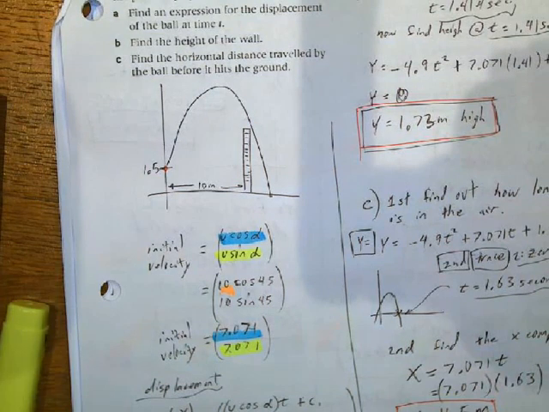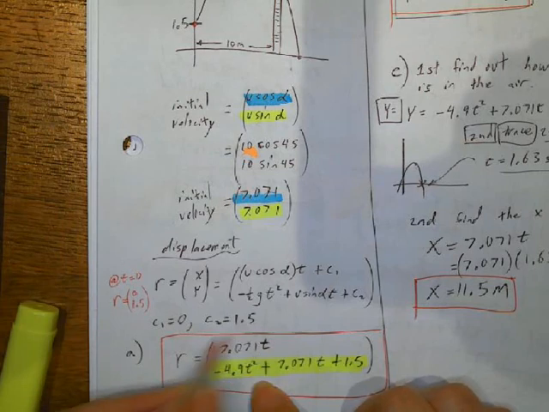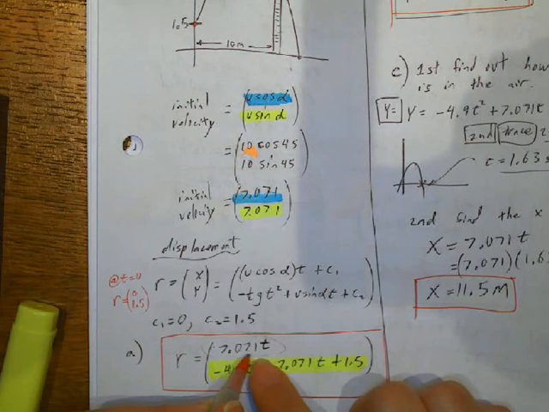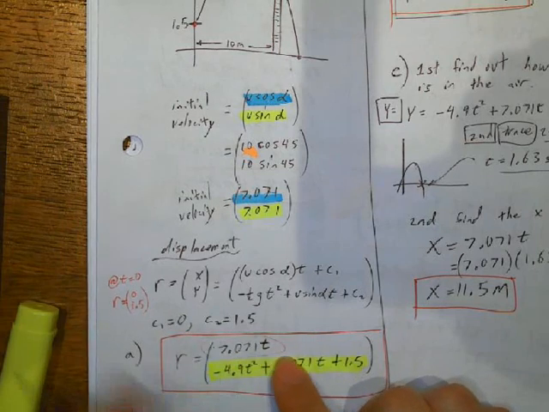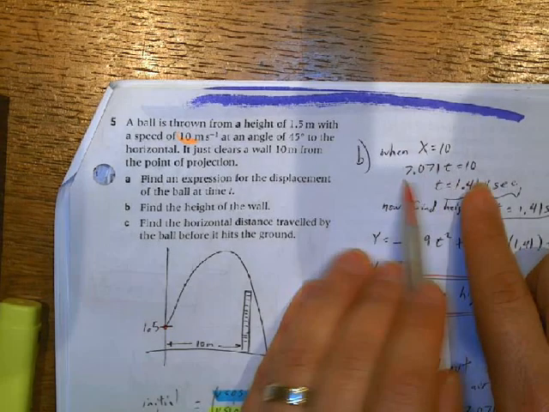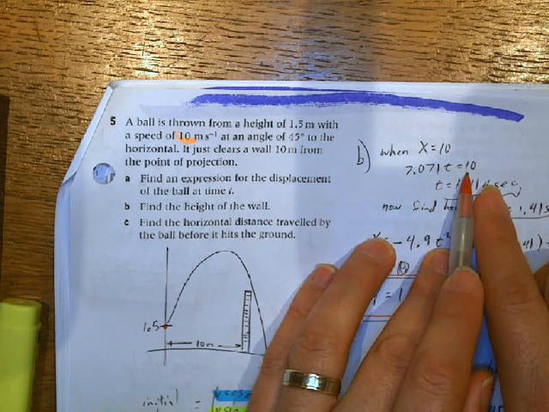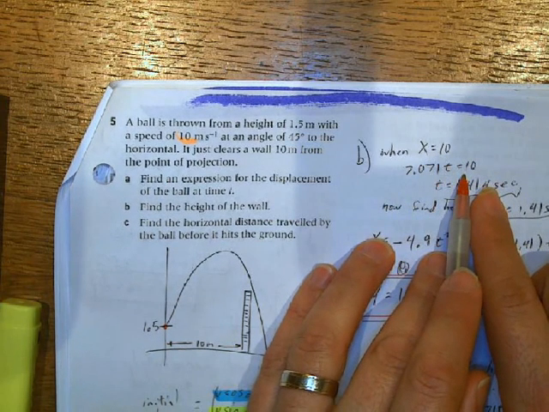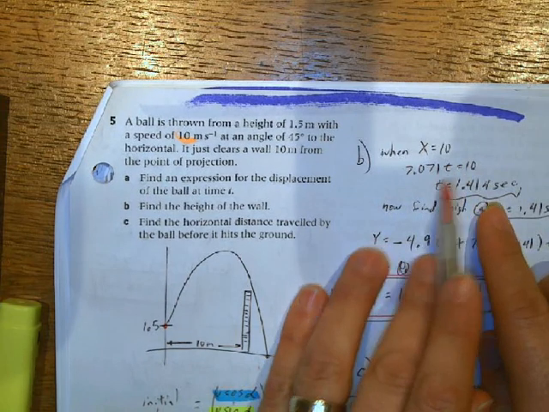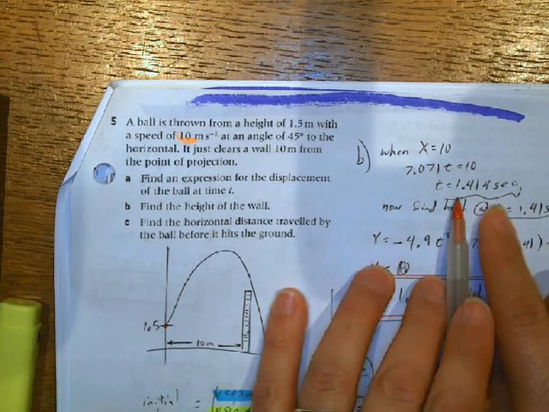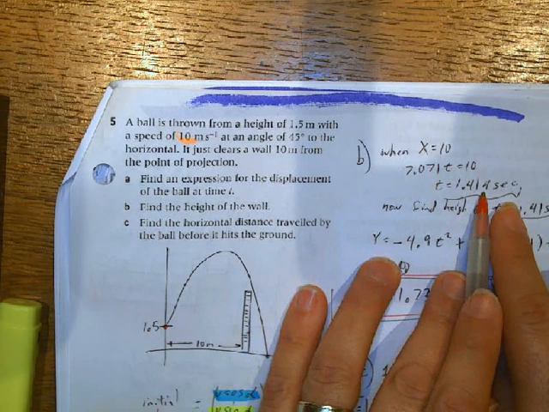So I'm going to use this. This right here gives me my horizontal distance. 7.071 times t gives me my horizontal distance. So 7.071 t, when that equals 10, then I am at the base of the wall. And so I divide both sides by 7.071, and I get 1.414 seconds.